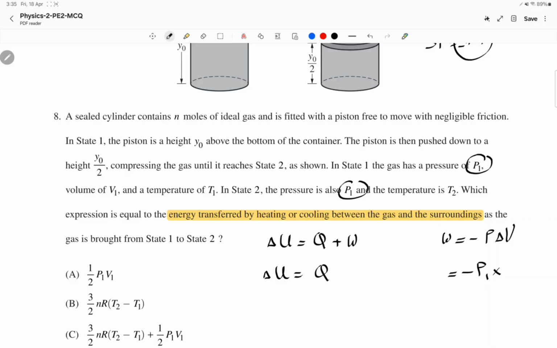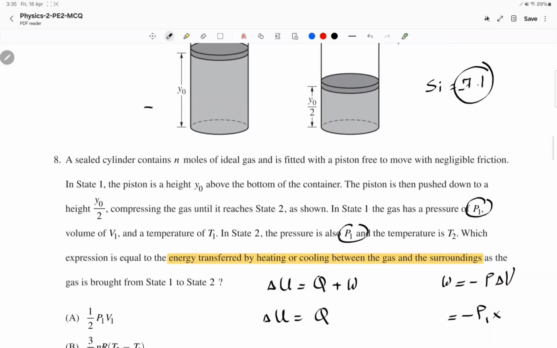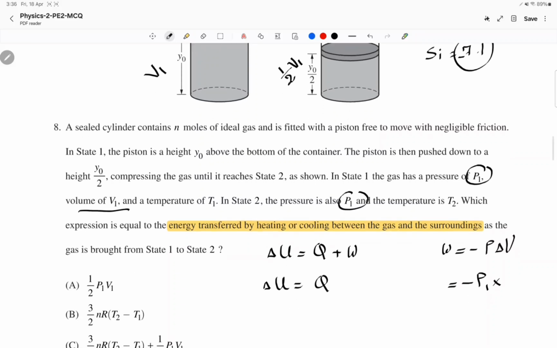The volume in state 1 was V1, we are told, but now the volume became half V1. Would you agree? Because the volume just got halved. So now the volume change will be half V1 minus V1. So half P1 V1 is going to be our work. So plus half P1 V1.